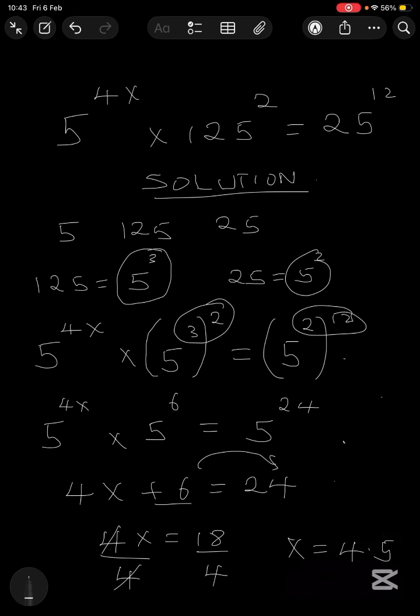Next question, we have 3 power 3 plus x, then divide by 27 power x plus 1 is equal to 9.